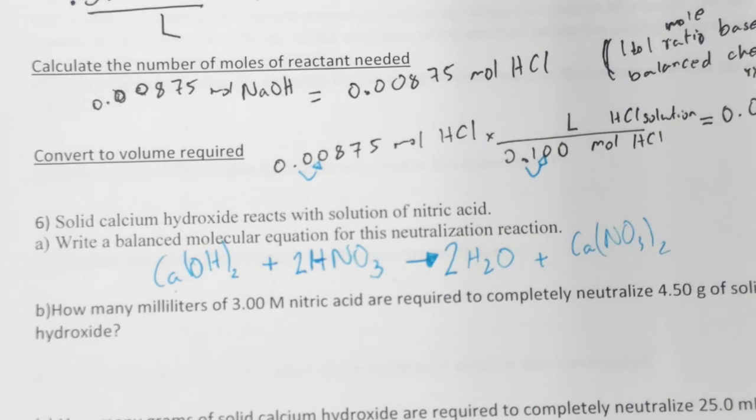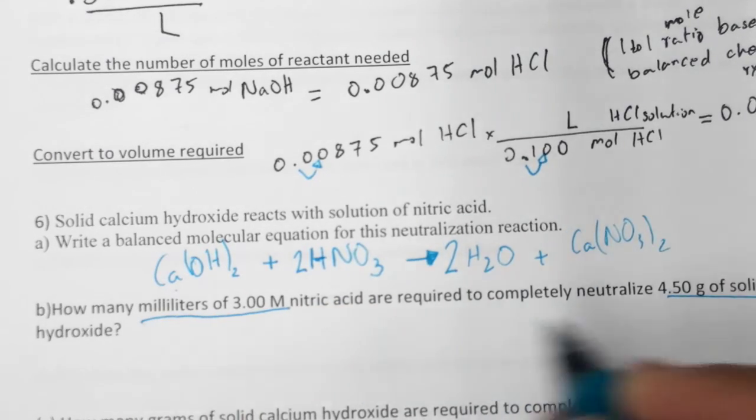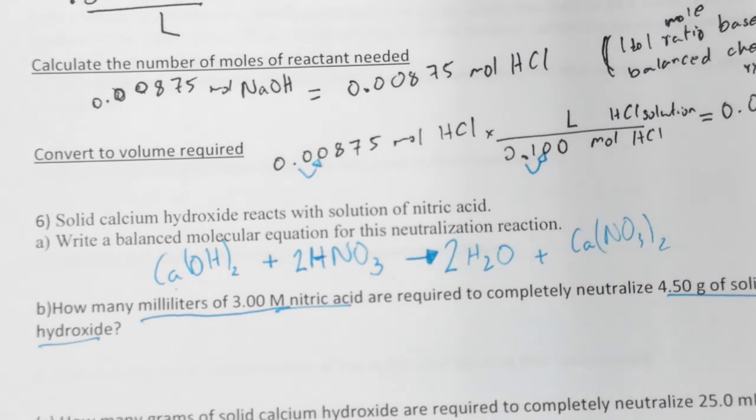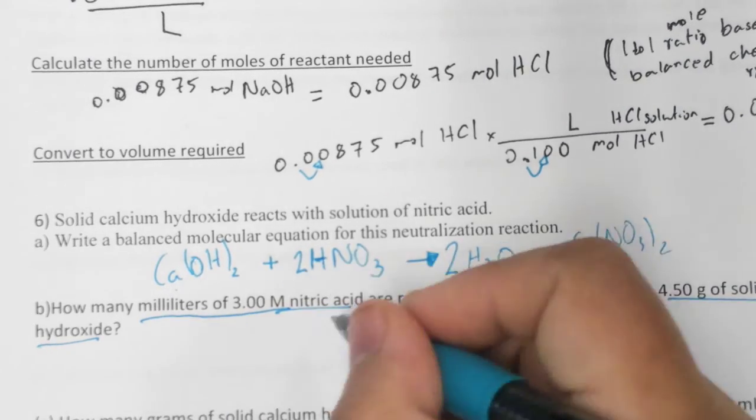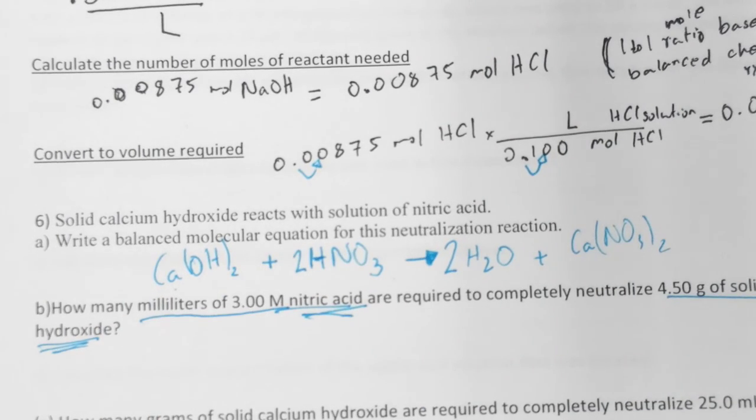Okay. We ask: how many milliliters of 3 molarity nitric acid are required to completely neutralize the calcium hydroxide? Okay, yeah. It's similar to what you had before. We got this, and we got this. Notice 2 different chemicals: nitric acid and calcium hydroxide.